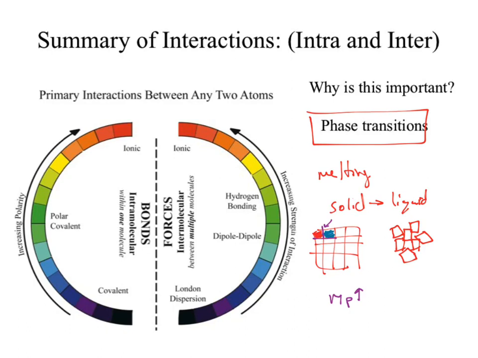Yes, that was a tricky question. Okay. The strongest attraction I can have is covalent. What's the problem with covalent? It's a bond and not a force. So while that may be my strongest attraction, I need the strongest attraction that is not a bond.